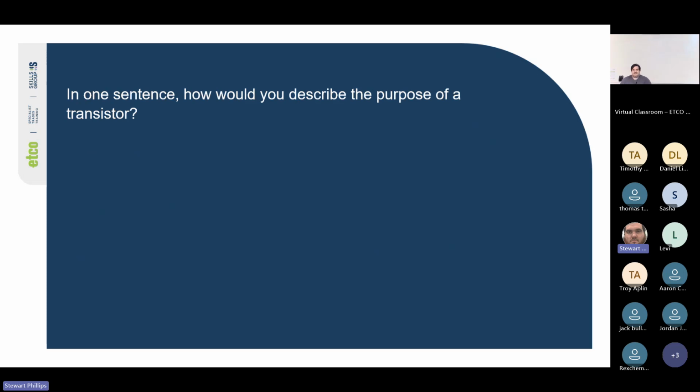Cool. So in one sentence, how would you describe the purpose of a transistor?